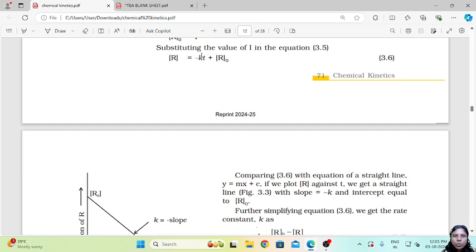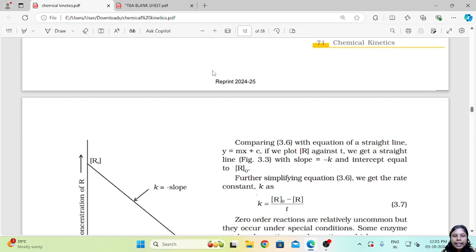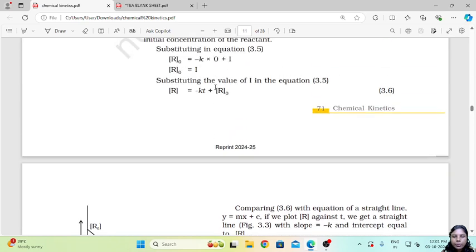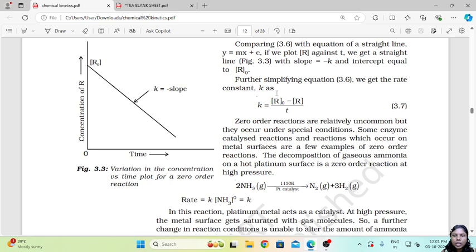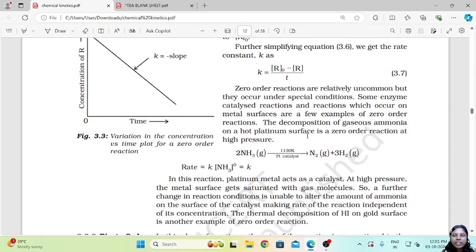So what is my slope? Minus k, and on the y axis I have the concentration of R and on the x axis the time. So I will get a plot with a straight line with slope minus k. On further simplifying, we can find the rate constant k as R0 minus R upon t.